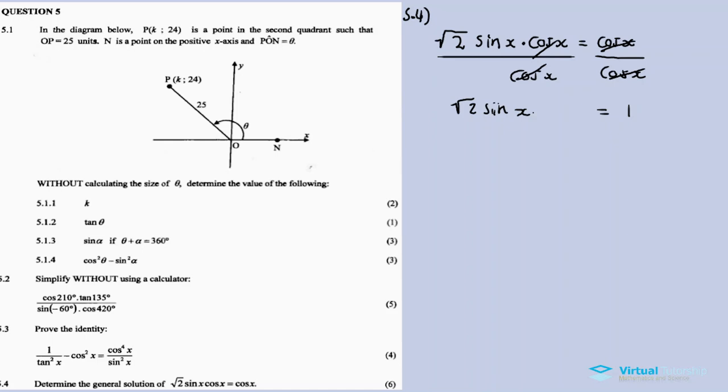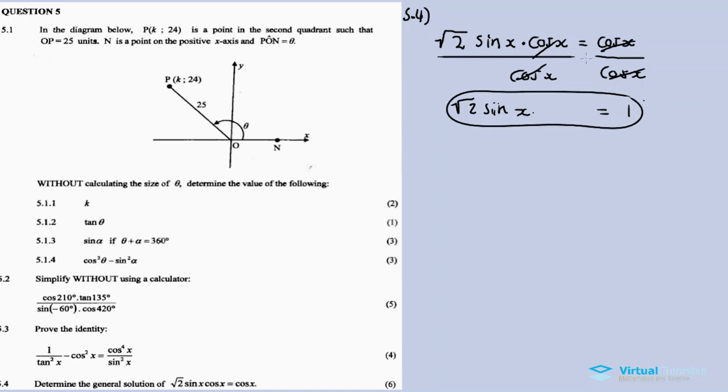Instead of getting the 6 marks, you will maybe get 4 or even 3. It's possible. You will understand why I say you will lose one solution. This is one of the solutions for our general solution, right?